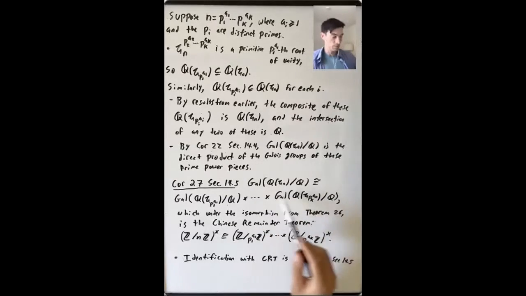Okay, so this part we know. And the statement about the identification with the Chinese remainder theorem, I'll leave as an exercise. This is exercise 13 in section 14.5.